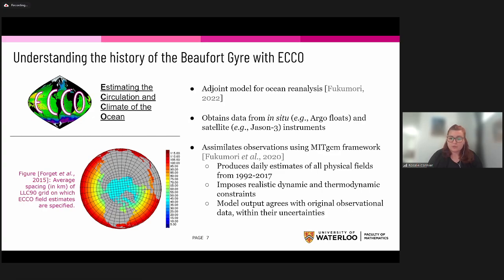And also the ECCO model output is successful in reproducing the original observational data to the required accuracy, which is great. The figure on the bottom left here shows the average grid spacing of the grid on which ECCO specifies its fields. So in the center is the Arctic Ocean. You can see that there's an average grid spacing of about 40 to 50 kilometers in that region, which includes the Beaufort Gyre.